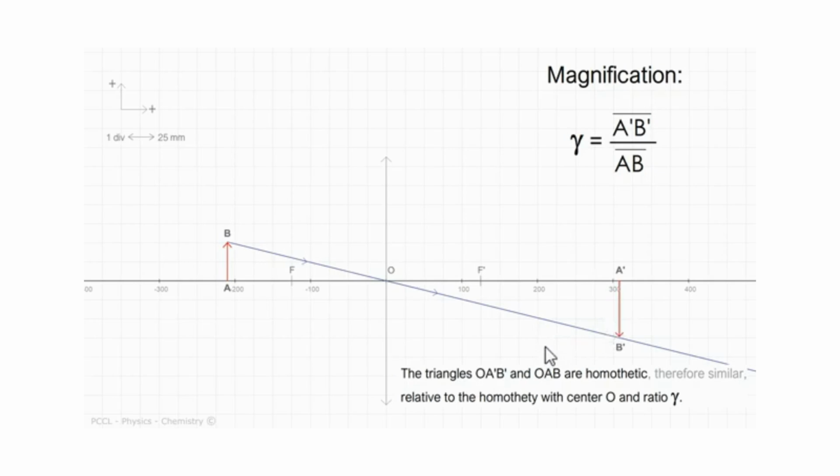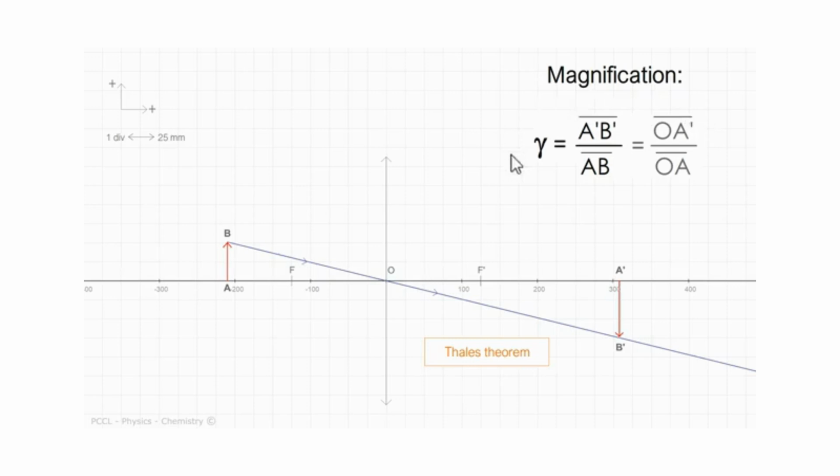Indeed, according to Thales' theorem, A'B' over AB equals OA' over OA. That is to say that the magnification is the ratio of the sizes. But it is also the ratio of the distances, from the lens to the image, over the distance from the lens to the object. An exercise, to illustrate all of this.